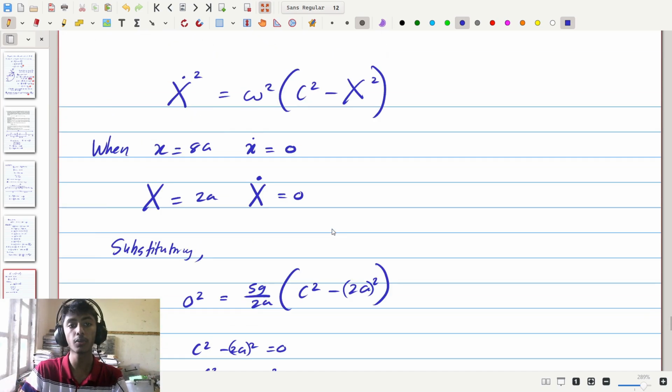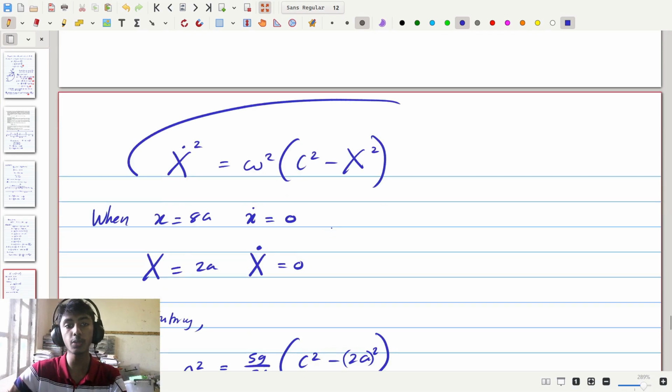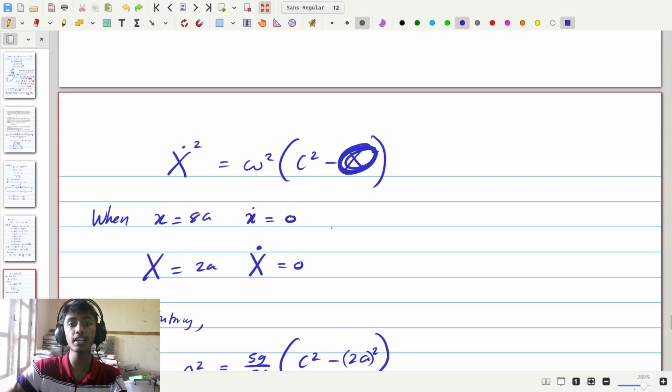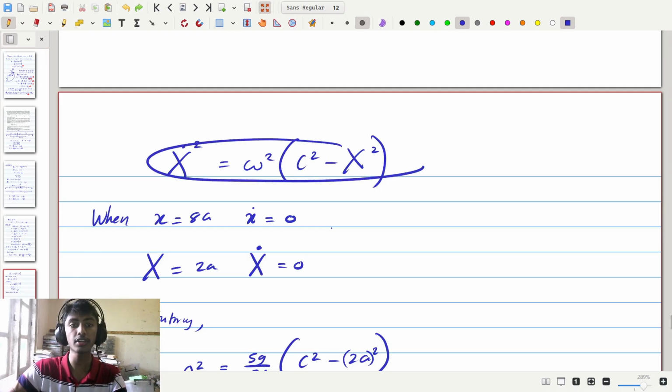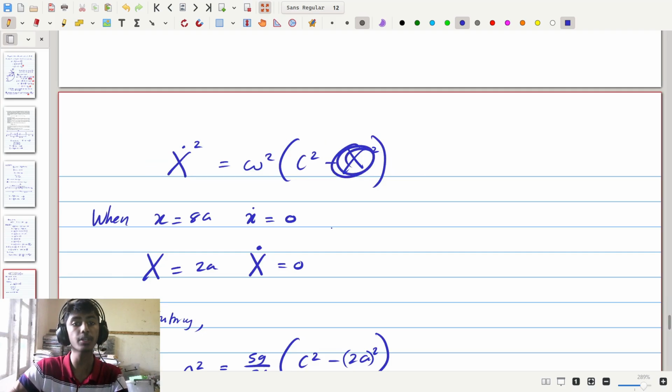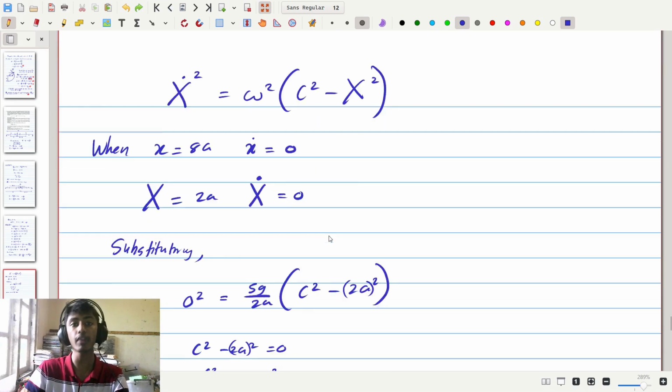The reason we know this is because, considering the equation that we have, if capital X is anything other than 0, then c squared minus capital X squared is going to be less than c squared. So the maximum value is going to occur when capital X is equal to 0, and therefore we are going to have x dot squared equals omega squared times c squared, meaning that x dot equals omega times c is the maximum value we are going to get.